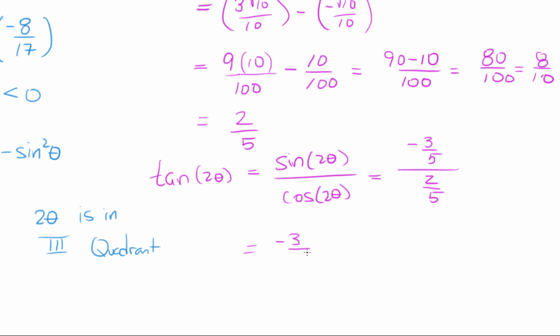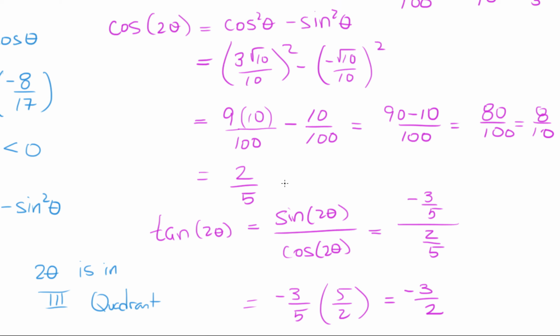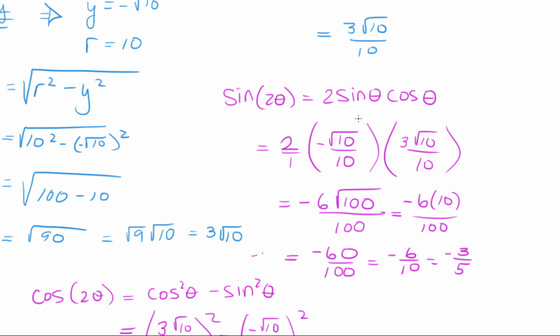We have negative 3/5 times 5 over 2. 5 over 5 is 1, so you're left with negative 3/2. Now, since cosine of 2 theta is greater than 0 and sine of 2 theta is less than 0, that means that 2 theta is in the fourth quadrant.